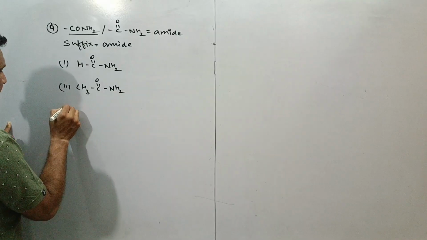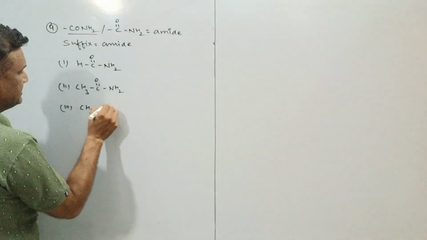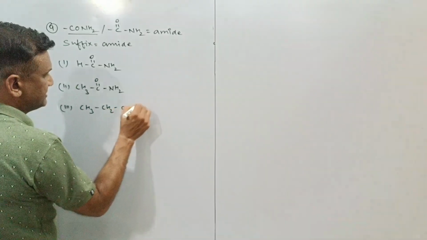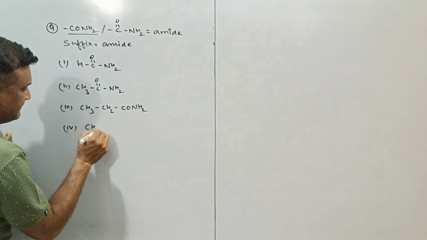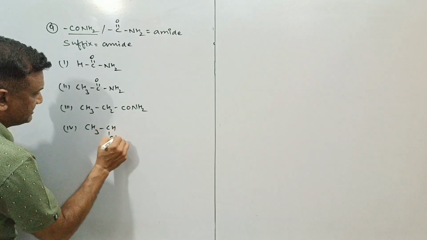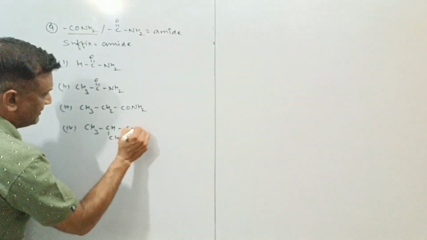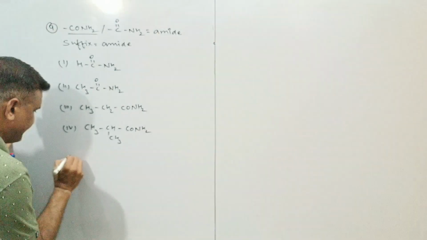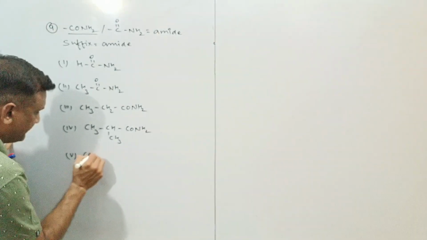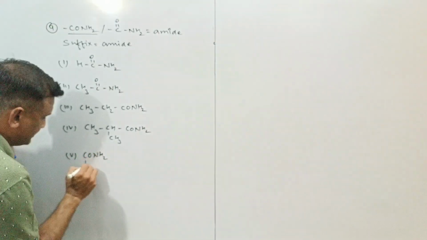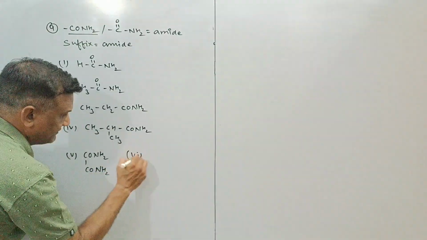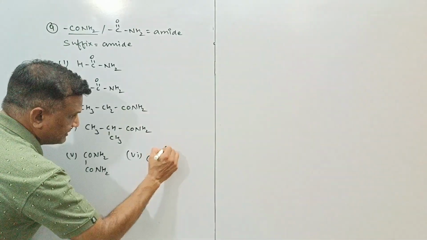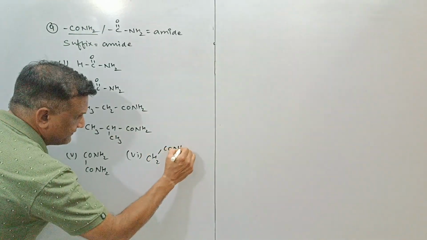This is the third compound, CH3CH2CONH2. This is the fourth compound, with a complex chain like this, CH3 and CONH2. This is the fifth compound, with more than one function group like this, CONH2. And this is the sixth compound, with a side chain also, CONH2.